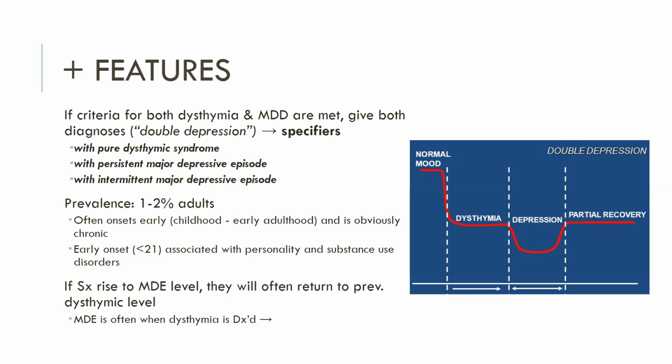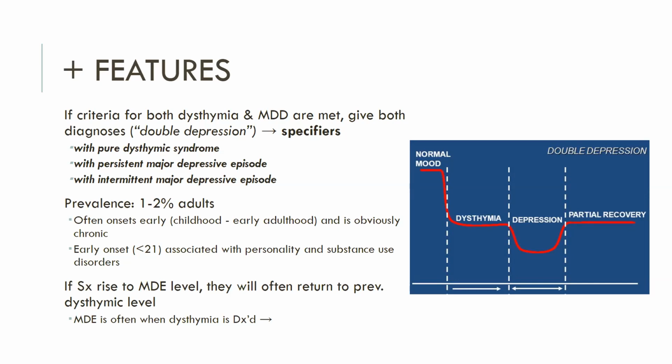The prevalence of dysthymia is about 1 to 2% of adults. It often onsets early, ranging from childhood to early adulthood, and obviously, as the name suggests, it's chronic versus something that is more acute.